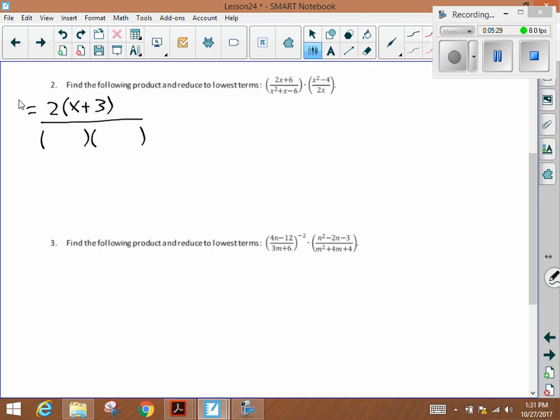I'm going to go ahead and factor the numerator of this, thinking of 2 numbers such that if I multiply them, I get -6, but if I add them, I get 1. Those numbers are 3 and 2, and this one's got to be positive, and this one's got to be negative. Already, I can see that I have 2 factors that are the same, and I can probably eliminate them, right?